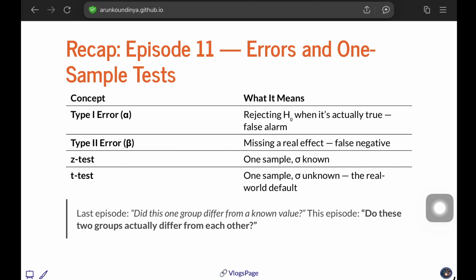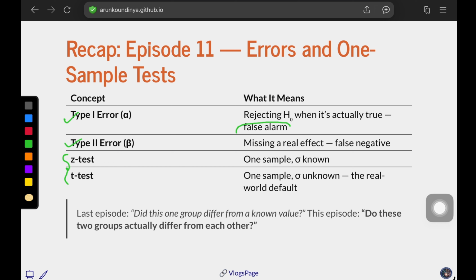In our last episode, we explored what a type 1 error and a type 2 error are, and when to use the respective tests, Z and T test. Just to recollect, a type 1 error is nothing but a false alarm.